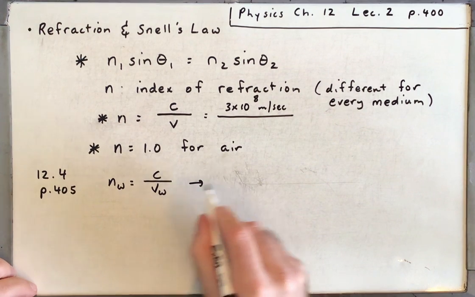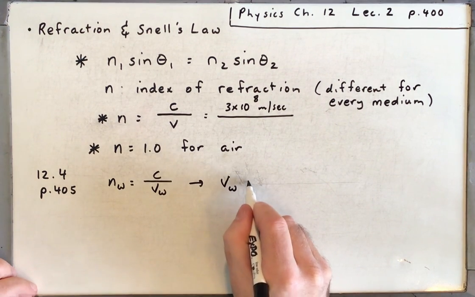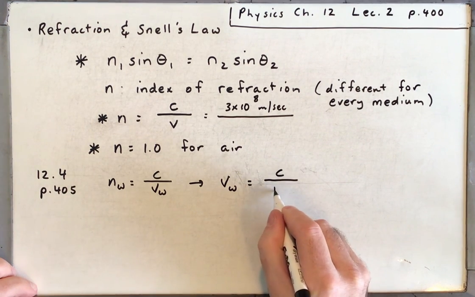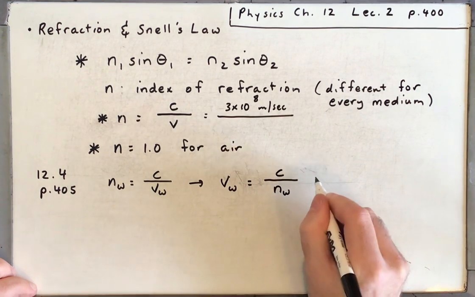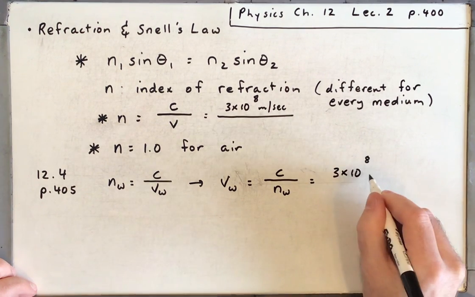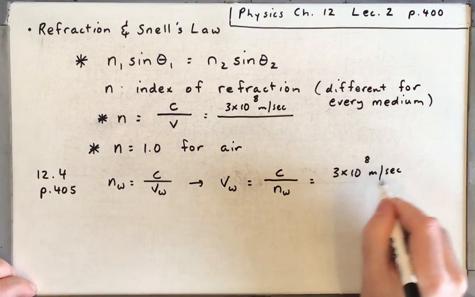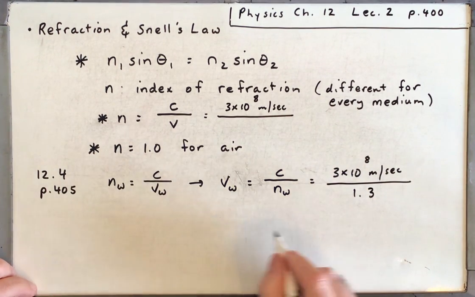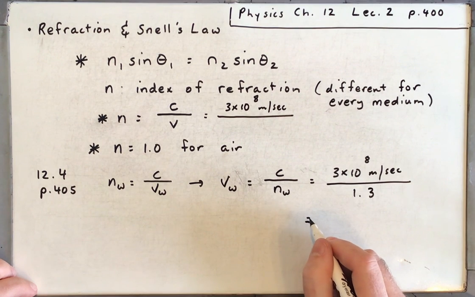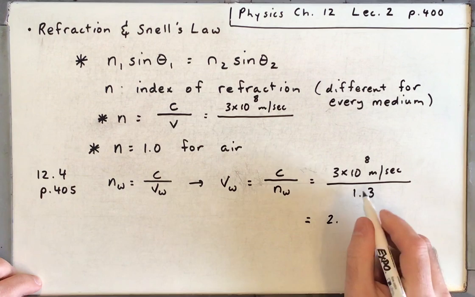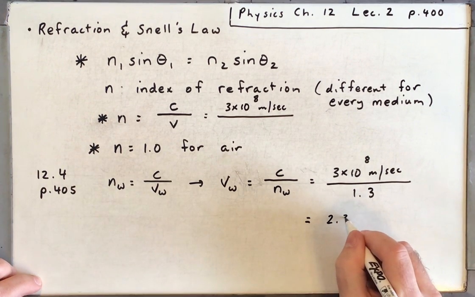So rearranging and solving for the velocity, it's going to be the speed of light in air divided by the index of refraction in water. So that's 3 times 10 to the 8th divided by 1.3. All right, and that is 2.31 times 10 to the 8. Index of refraction doesn't have units.